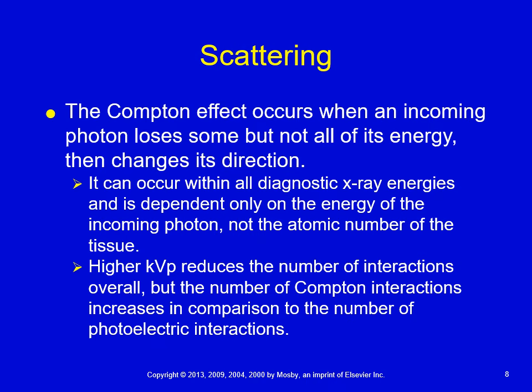So it happens in bone, it happens in soft tissue, it happens in soft muscle, etc. As the kVp that you set on your control panel increases, the likelihood of Compton scatter also increases. All right, so again, this one only depends on the energy of that incoming X-ray photon.